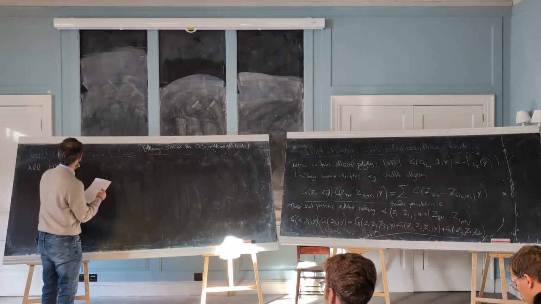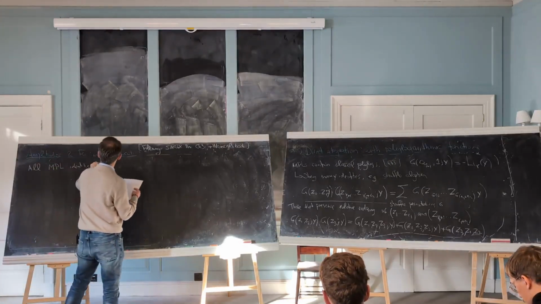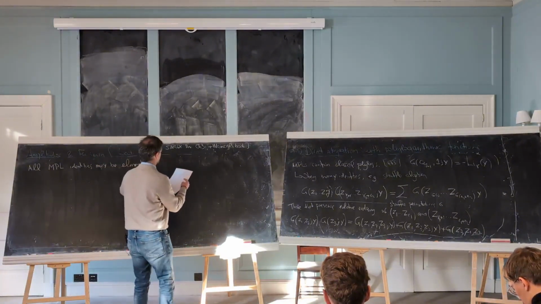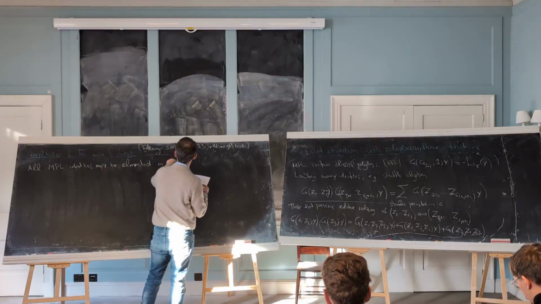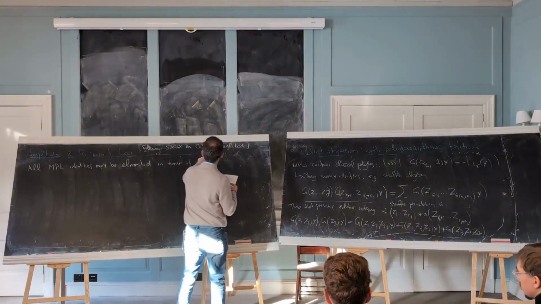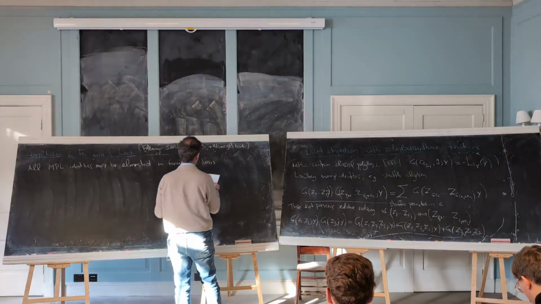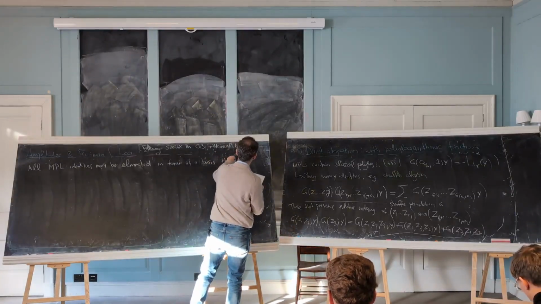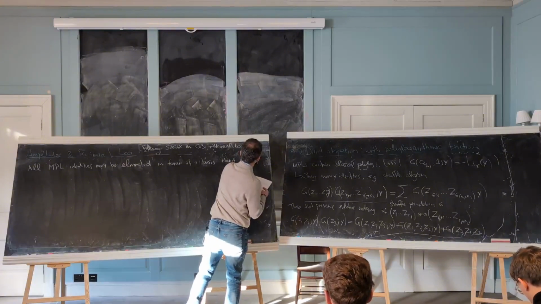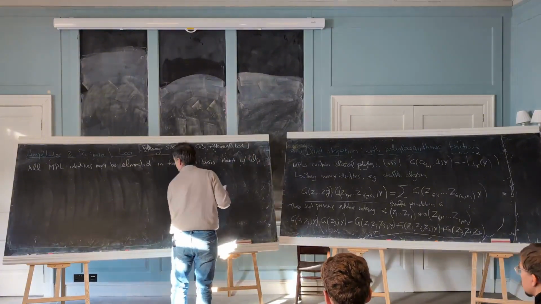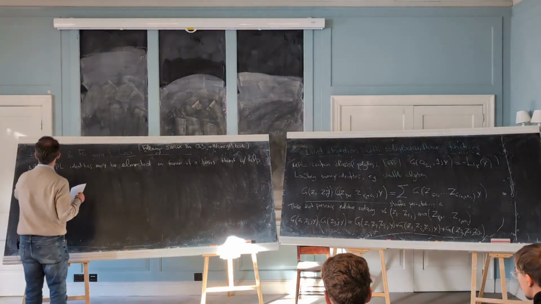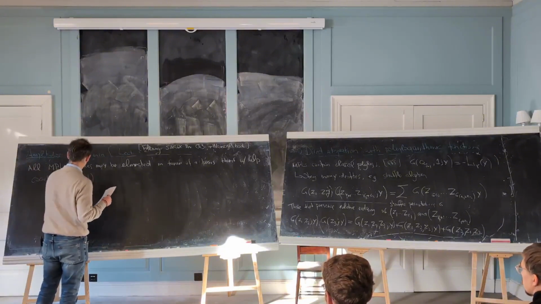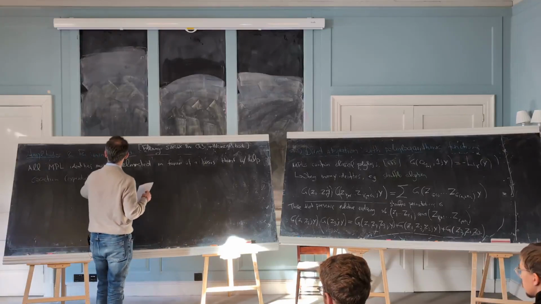All MPL identities may be eliminated, namely in favor of the basis, so you can write two seemingly different expressions as the same, with the help of the so-called coaction, sometimes called coaction or coproduct, on MPLs.